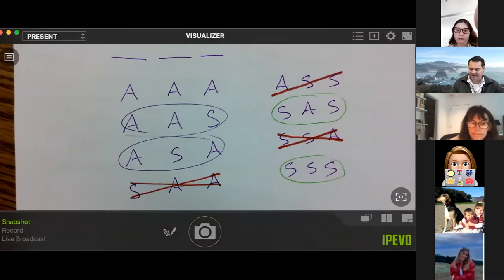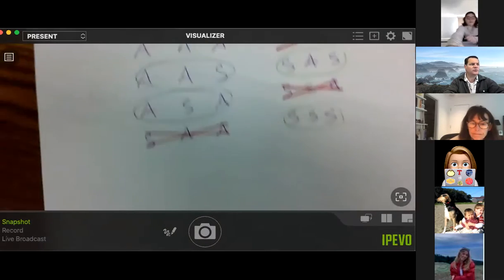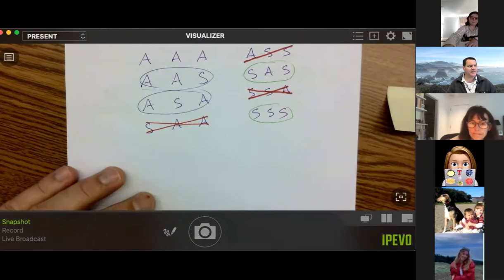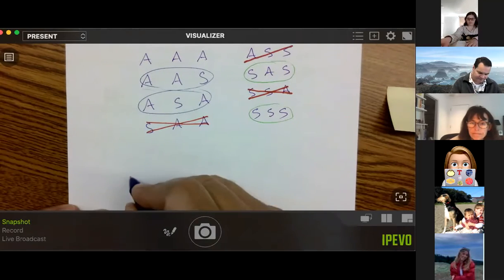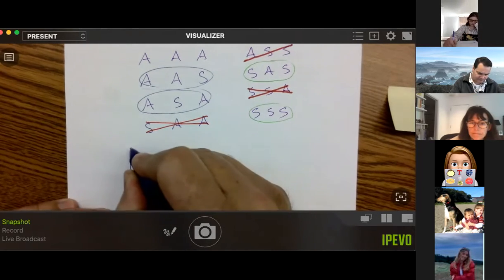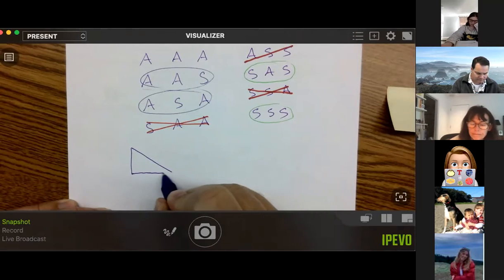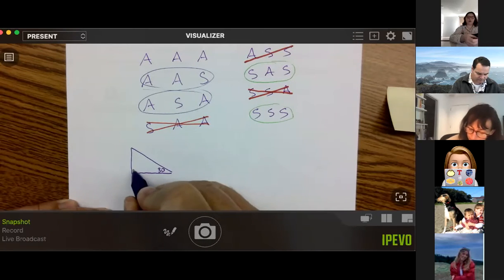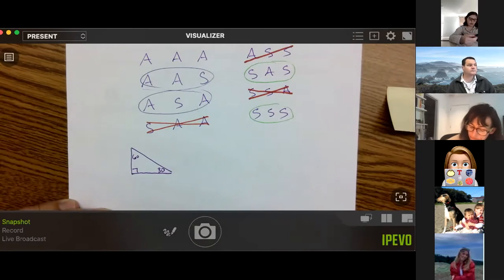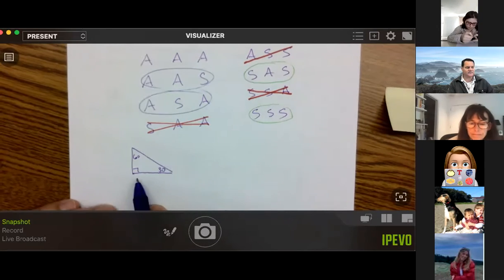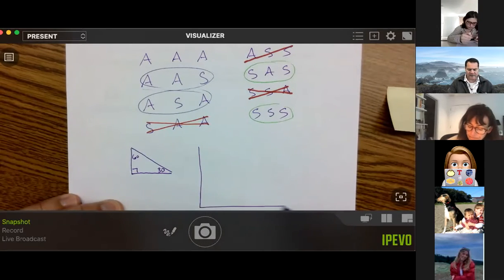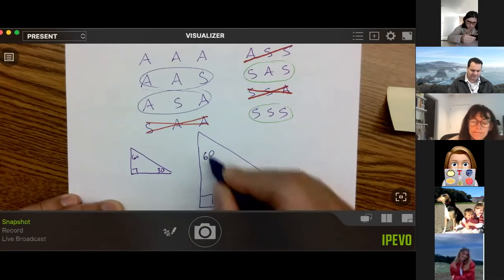Why didn't we use angle, angle, angle? In other words, why won't two triangles be congruent if you know that all the angles are the same? Well, I could have one triangle with angles of 30, 60, and 90. And I could have another triangle with 30, 60, 90, right?